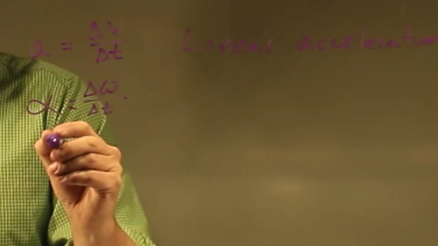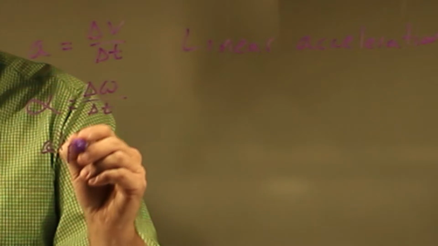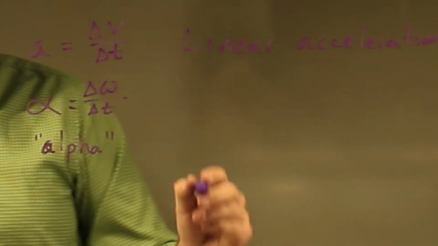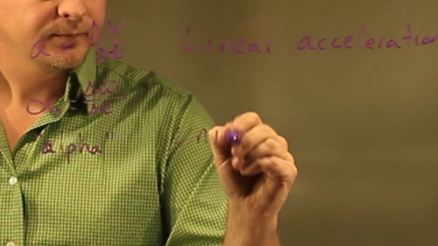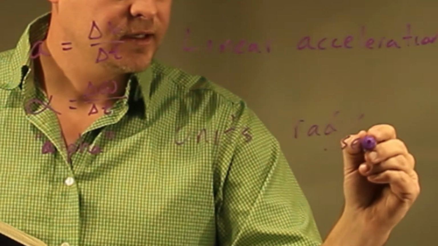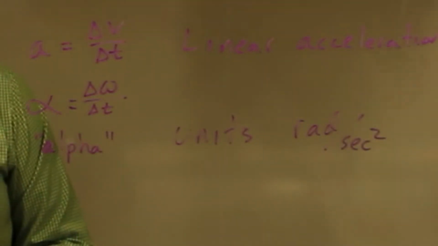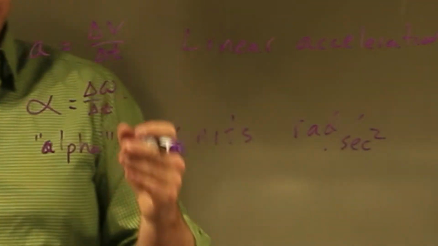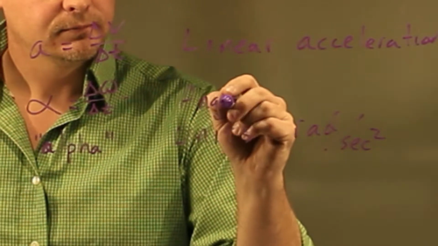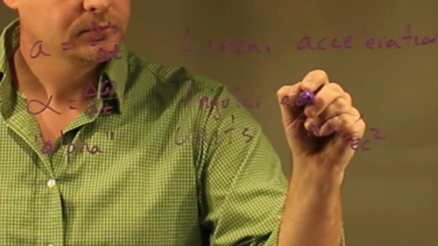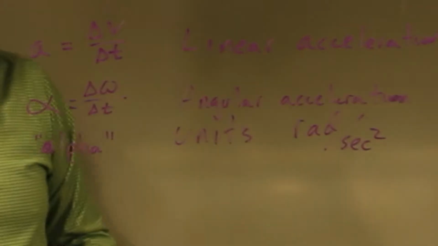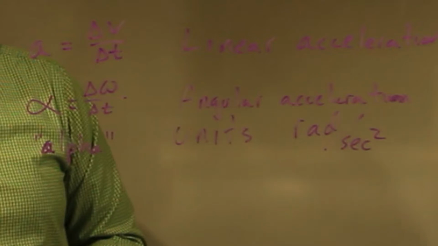This little fishy thing is called alpha, and the units are radians per second squared. Now, just like angular velocity, angular acceleration needs to be used with radians.